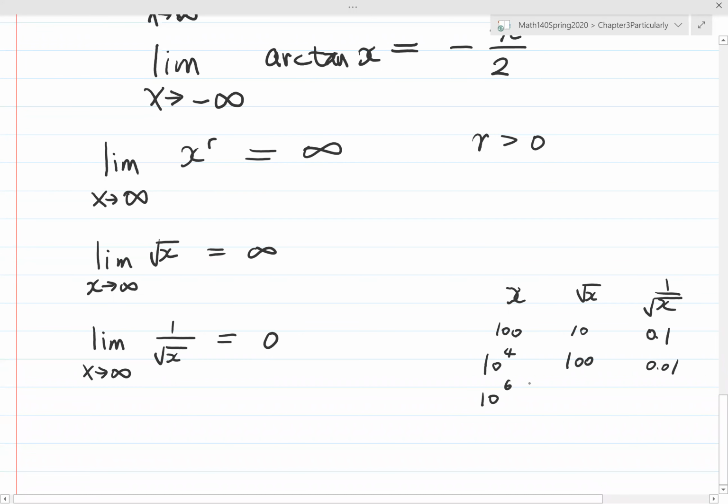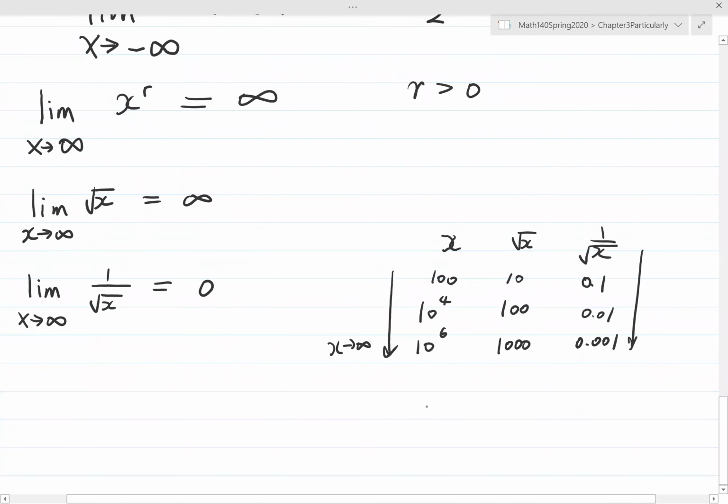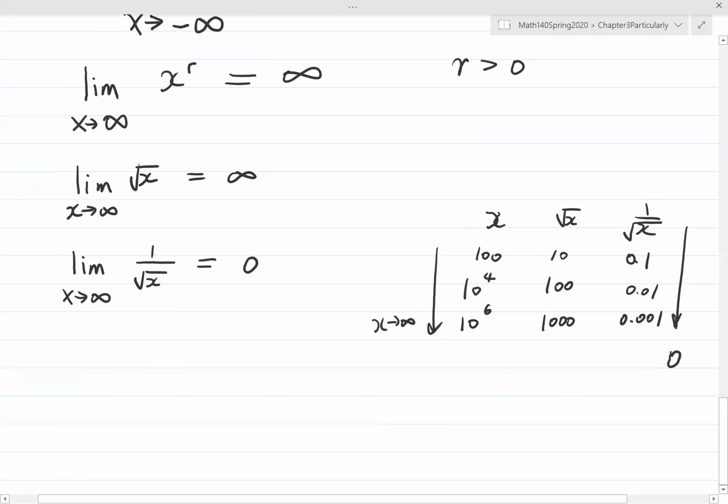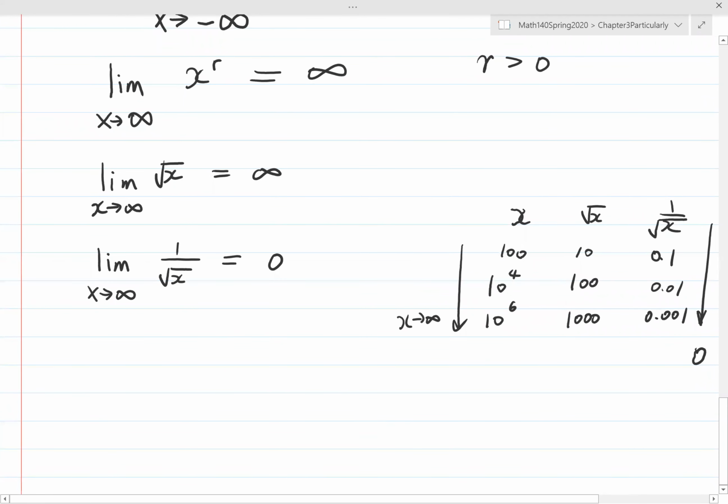If x is 10 to the 6, a million, the square root is 1,000, and 1 over 1,000 is 0.001. You see as x becomes large, this number gets close to 0. So the limit of 1 over root x as x approaches infinity is 0.